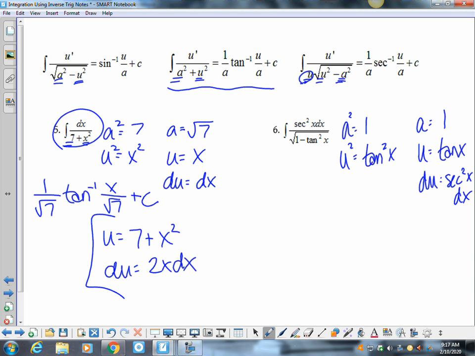Which I have sitting on top. I was looking at the x, but that's your u. Secant squared of x. And we're saying this one's sine. So sine inverse of... now how's that for some fun math? You have trig of trig.